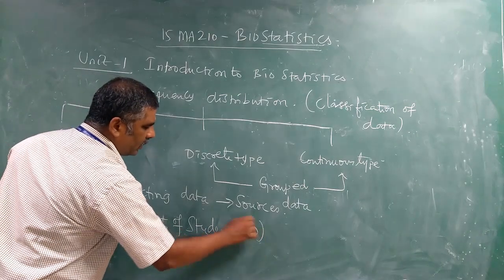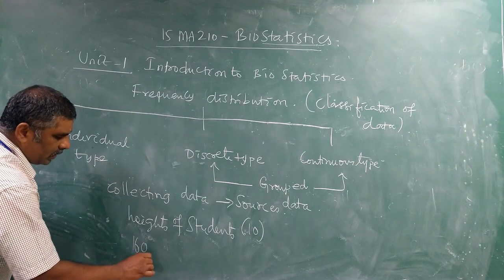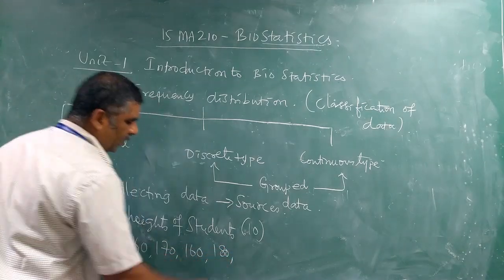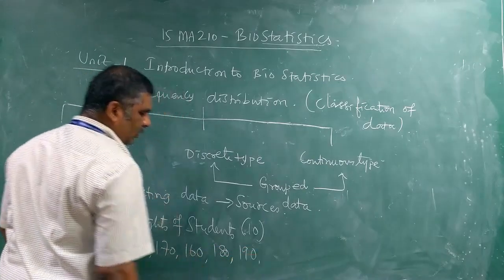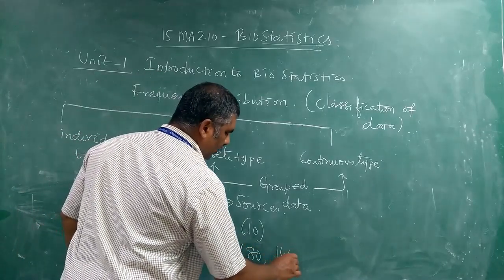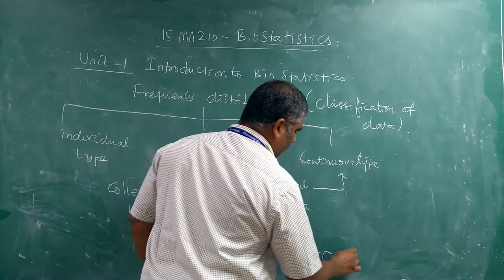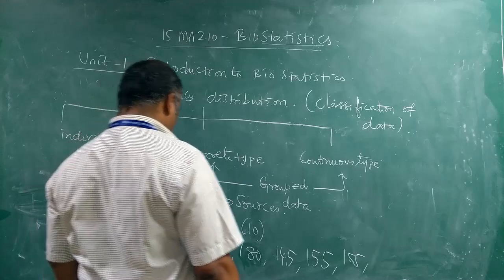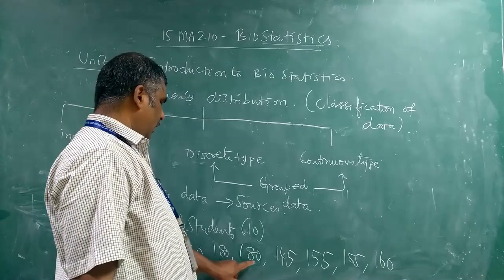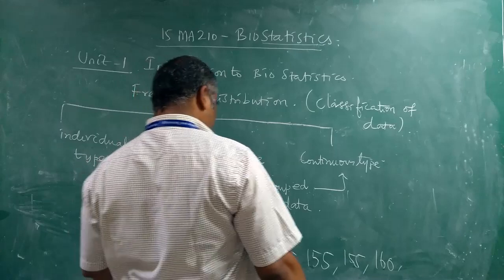For example, for 10 students I am collecting 160, 170, 160, 180, 180, 145, 155, 155, 160, 170.